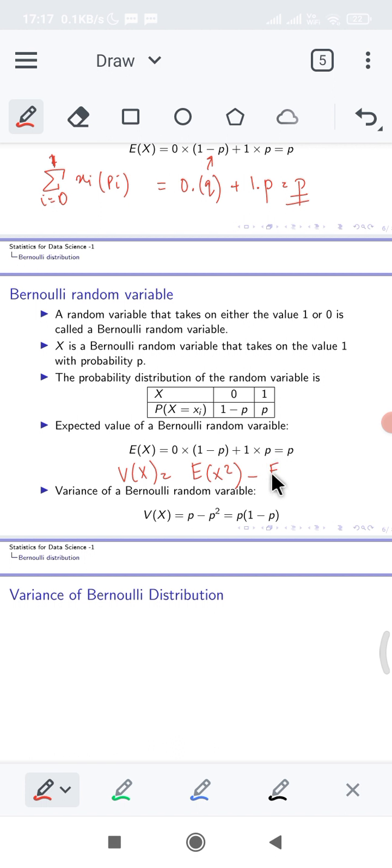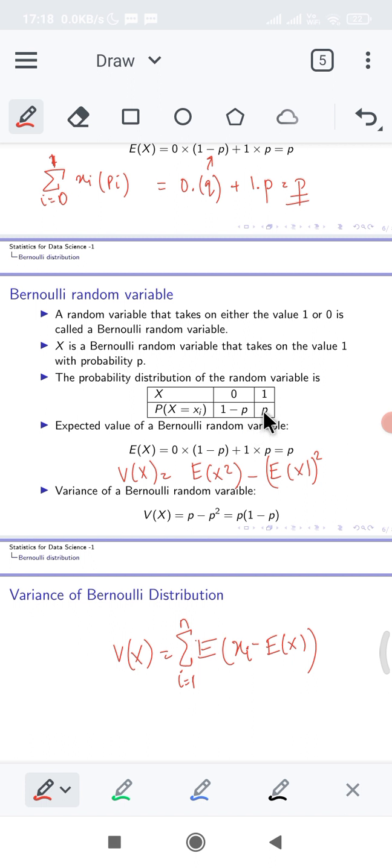The traditional way is something like this: V of x equals the summation of E of x minus xi. Let us suppose there are n random variables, so i equals 1 to n. We need to find this, and we will get the variance accordingly. So using this method, our expectation remains the same.